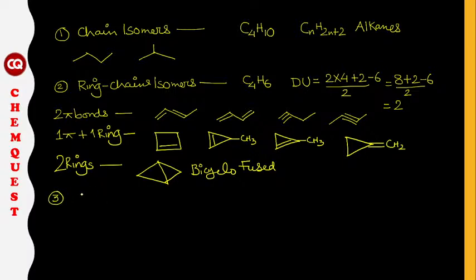Number 3. Okay, chain isomer, ring chain isomers. Next, we are going to discuss the different functional isomerism part. Functional isomerism means functional group isomerism.